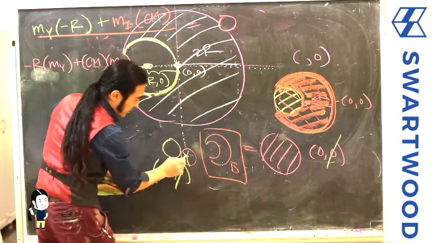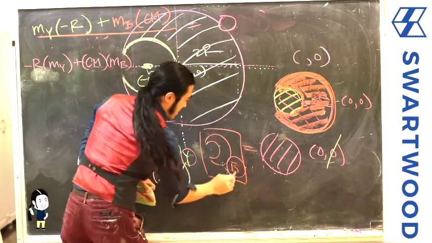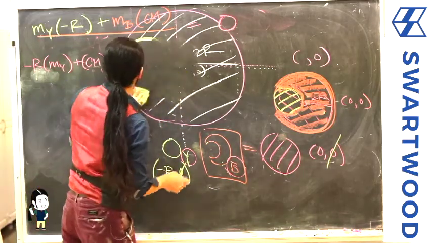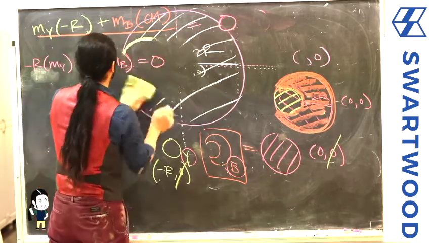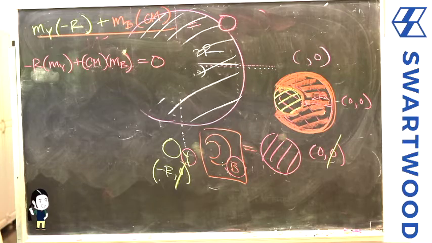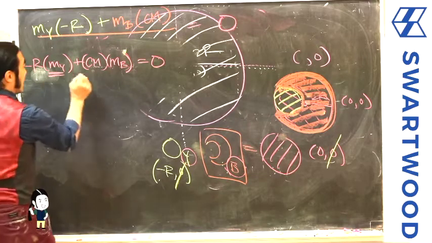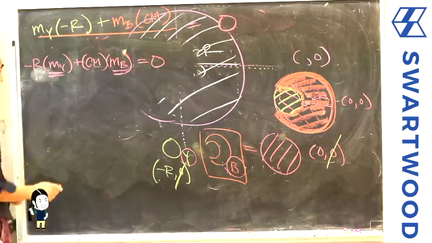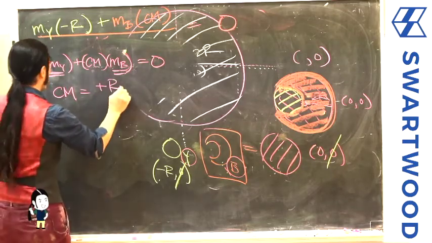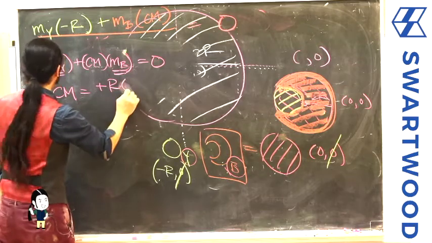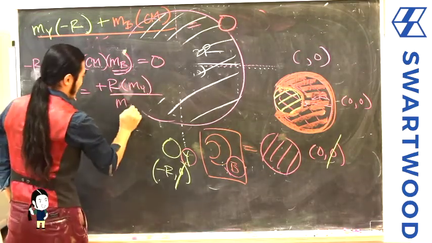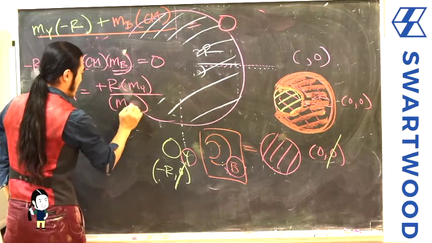I'm going to call this y for yellow and b for brown, and those guys are going to sum to 0. All right, no big deal. Now, how do we get this? Let's just solve it. So we have the center mass is going to be, bring this guy over, positive r times m sub y divided by, apparently, m sub b.